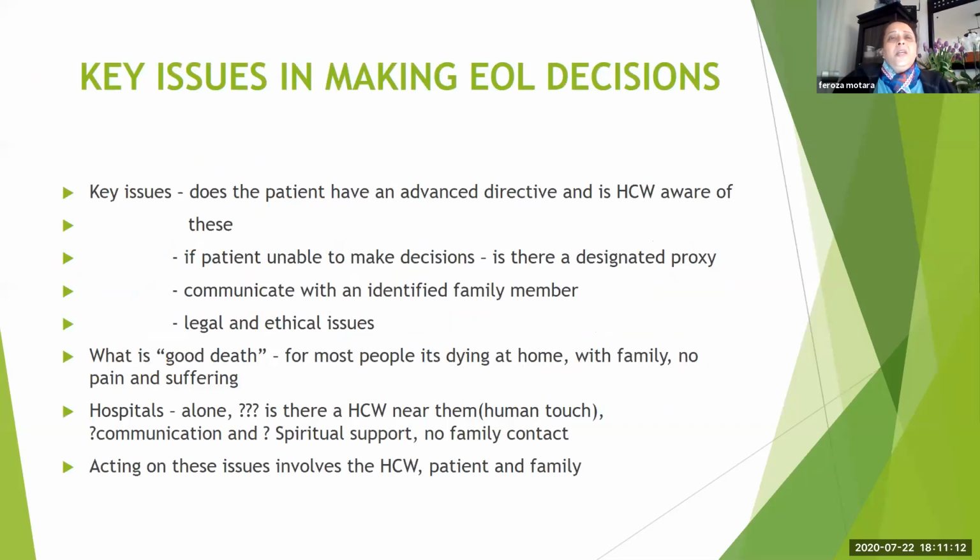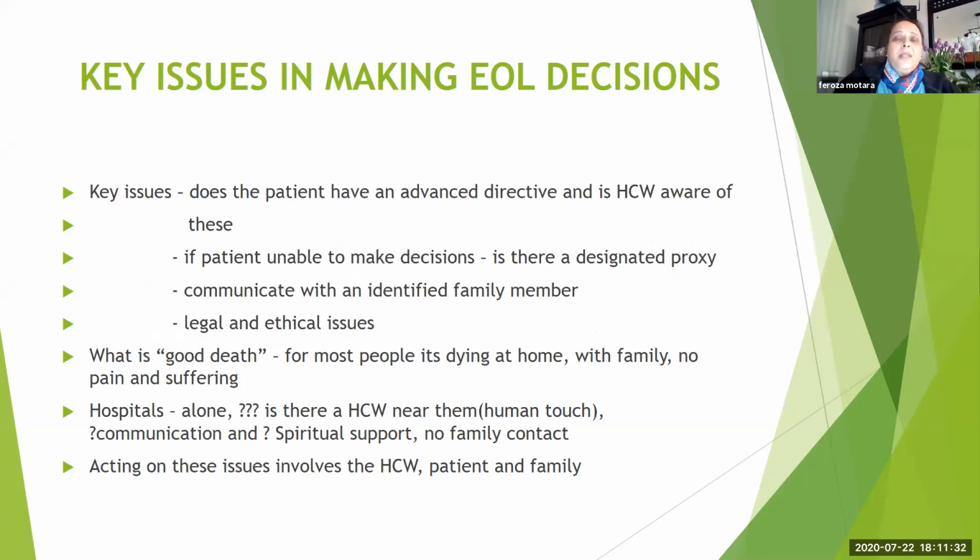So what are the key issues in making these end-of-life decisions? Important to know, and we don't always, whether there's an advance directive, and, as I said, whether the healthcare worker is aware of it. If the patient is unable to make those decisions, is there a designated proxy?